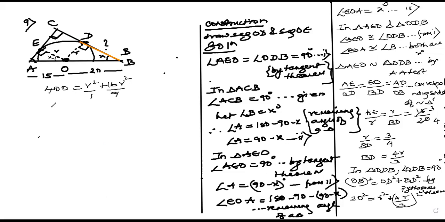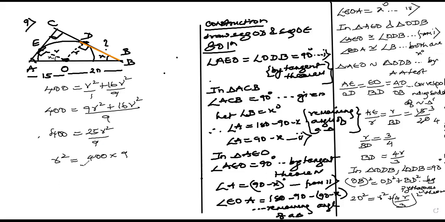Cross multiply. So 400 equals 9R square plus 16R square, the whole thing upon 9. So 400 equals 25R square upon 9. So R square equals 400 into 9 upon 25. 25 16s are 400.